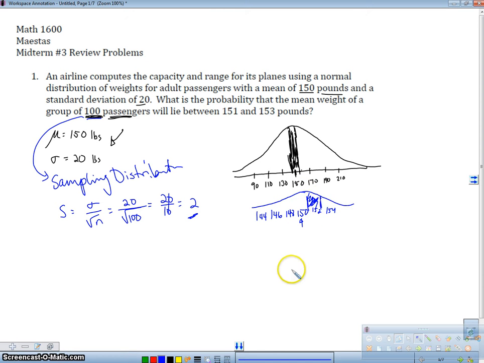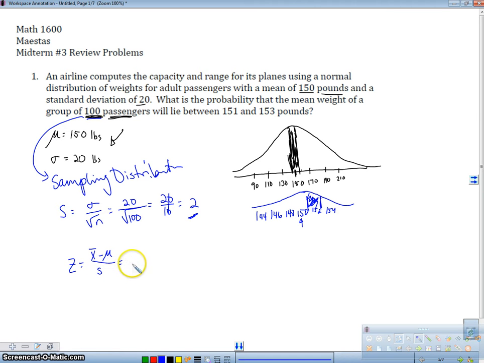So what I'm going to have to do is find z-scores. Let's go ahead and find the z-score. The z is going to be x bar minus mu over s for a sampling distribution.